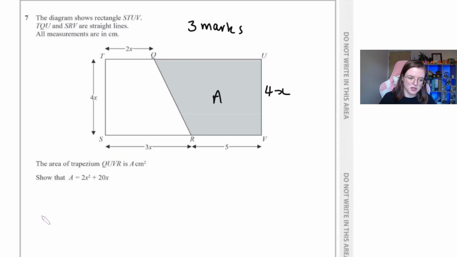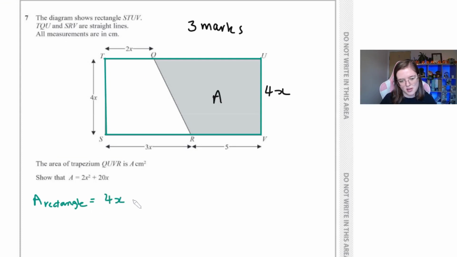So let's do that. The area of the total rectangle. I might do that in a different colour, also colour-coded on the diagram. The area of the rectangle is length times width, which is 4x multiplied by all of this length, which is 3x plus 5.